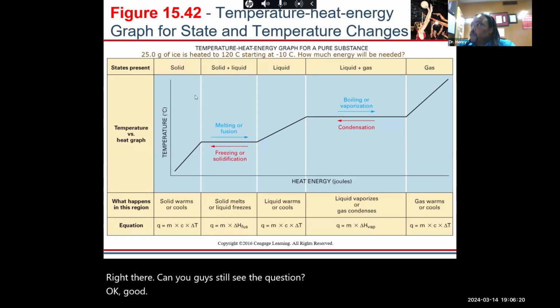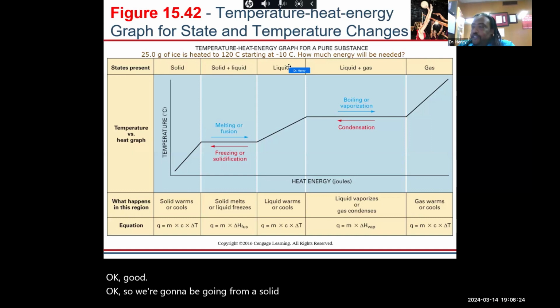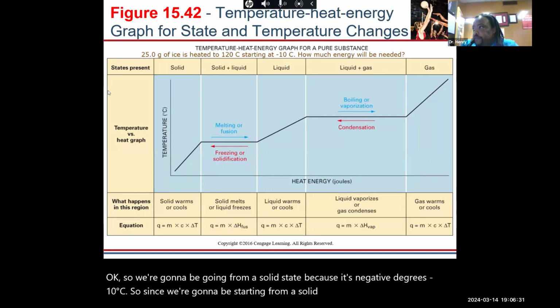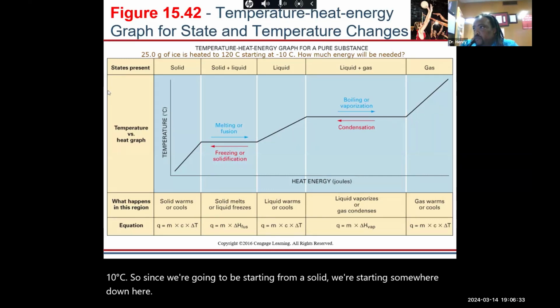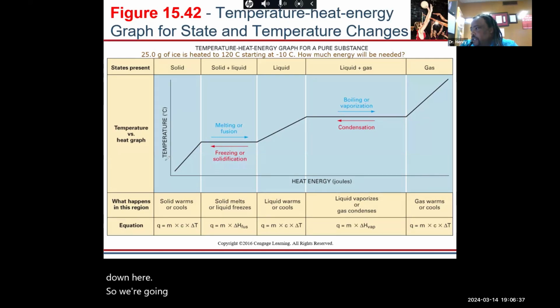Okay, so we're going to be going from a solid state because it's negative 10 degrees Celsius. Since we're starting from a solid, we're starting somewhere down here. So we're going to assume this is about minus 10 degrees Celsius.